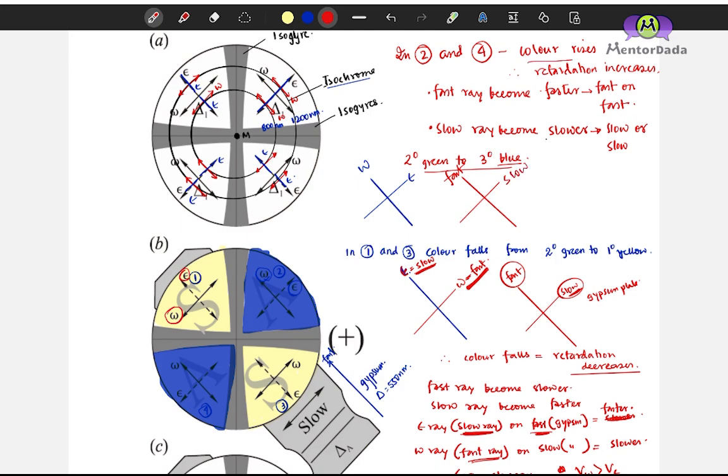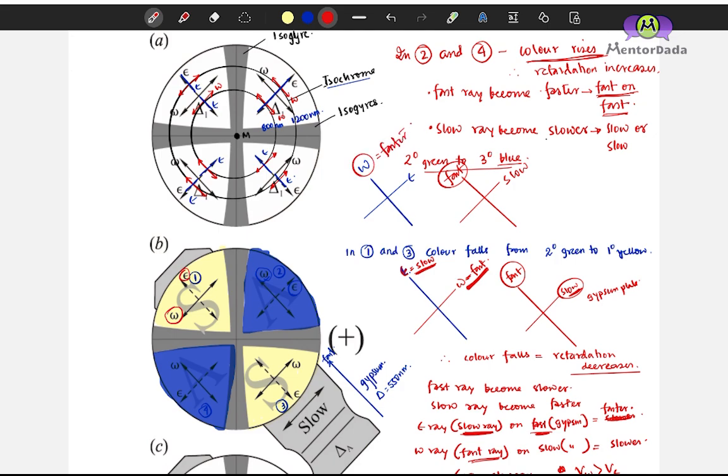So you have observed that the color rises. So what does it mean? As I told you earlier, fast on fast makes the fast light faster. So definitely, as the color increases or the retardation increases, the omega ray should be the faster one.